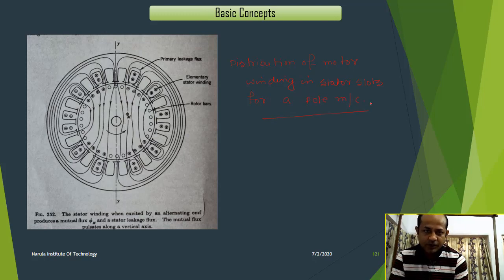Right? So now what happened, we give single phase supply to the stator of a single phase induction motor, pulsating supply or alternating supply. And giving this single phase supply in the stator winding results in production of two fluxes, one is mutual flux, and another one is stator leakage flux.